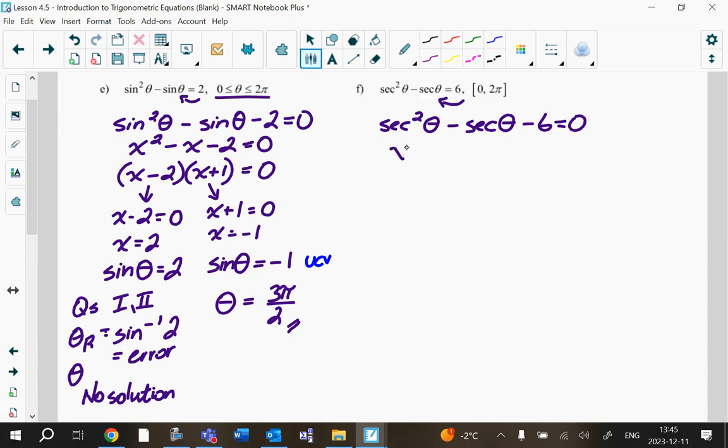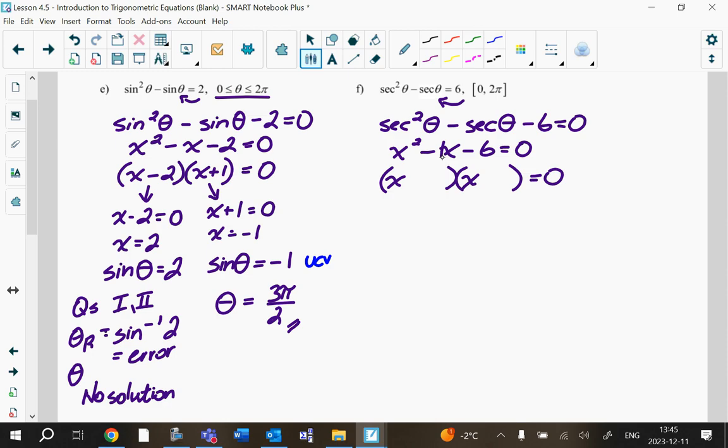If you want, replace sec theta with x. It's a trinomial where we're looking for a sum of -1 and a product of -6. Two numbers that multiply to -6 must be 3 and 2 somewhere.